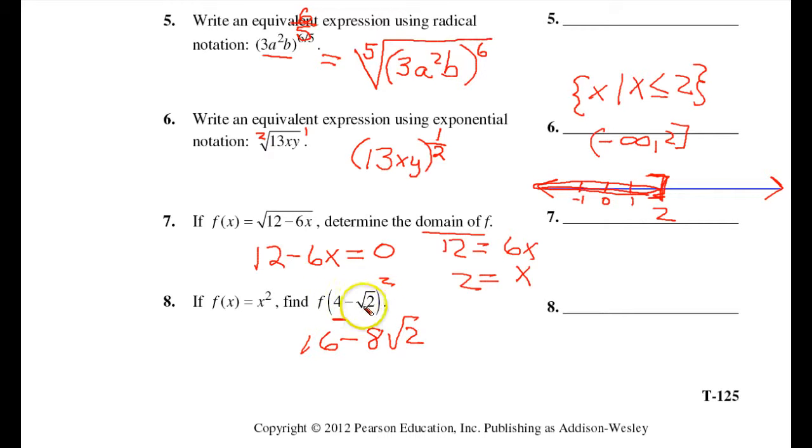And then a negative square root of 2 times a negative square root of 2 gives you a positive square root of 4, which is a plus 2. So these are like terms at the end. So for number 8, this becomes 18 minus 8 square root of 2.